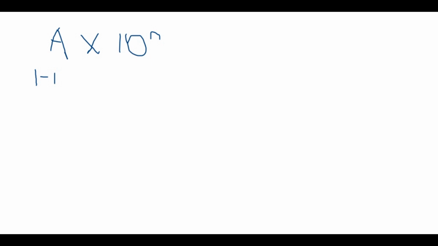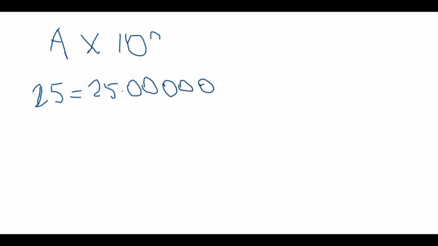Now, before I start, I want you to take note of this. If we have a number like 25, 25 can also be written as 25.0 or 25.00 or 25.00000. It doesn't matter how many zeros you add behind 25 or in front of 25, this 25 is always going to be equal to that 25.